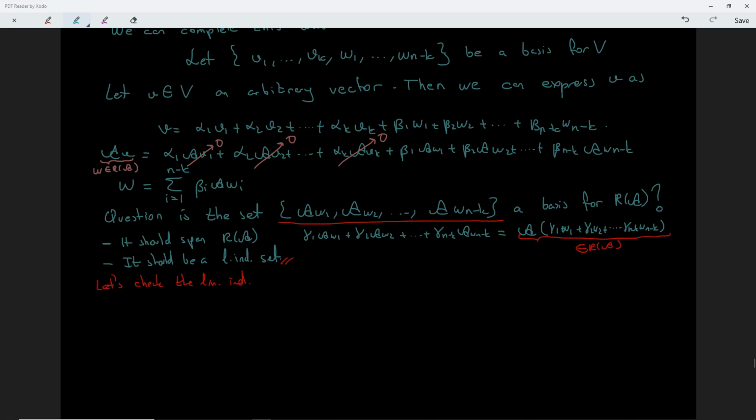So if I write down C1 A W1 plus C2 A W2 plus ... Cn minus k A W n minus k being equal to zero, this should imply, and the if and only if statement says, that all coefficients C1, C2, up to Cn minus k are equal to zero.